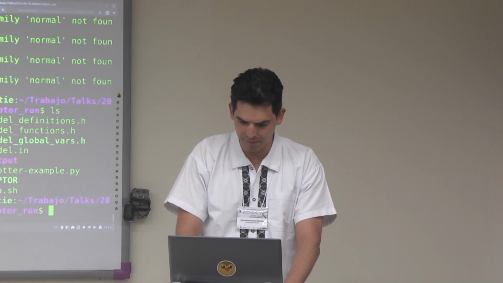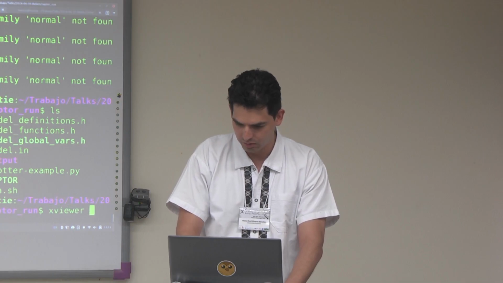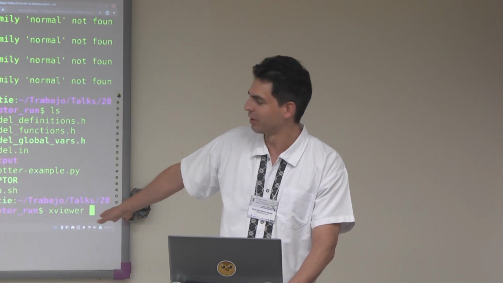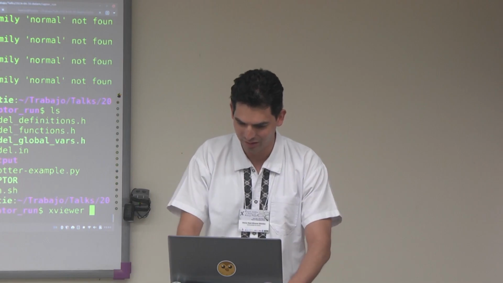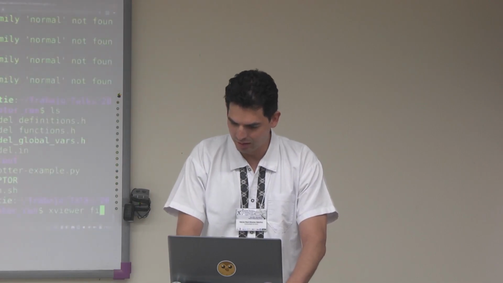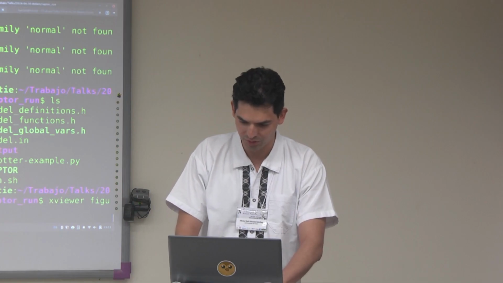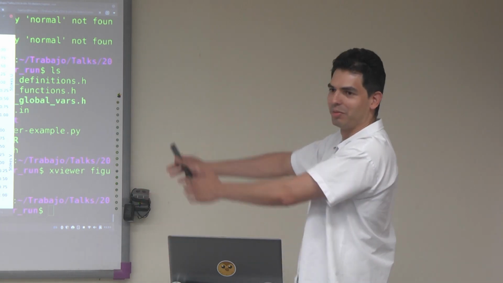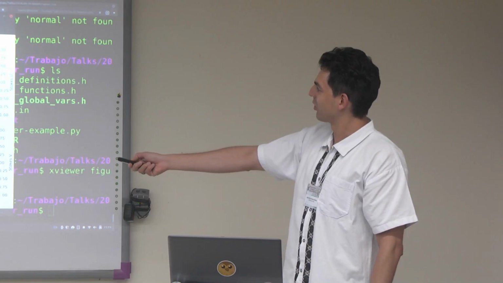So let's have a look at the output of what is there. I will just open it with my image viewer. You can open it with the image viewer of your choice. It was in figures, and it is this image 0. So let's have a look. This looks beautiful, as you can see, we have the image in total intensity.